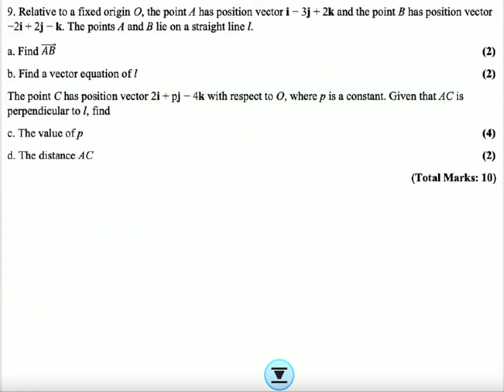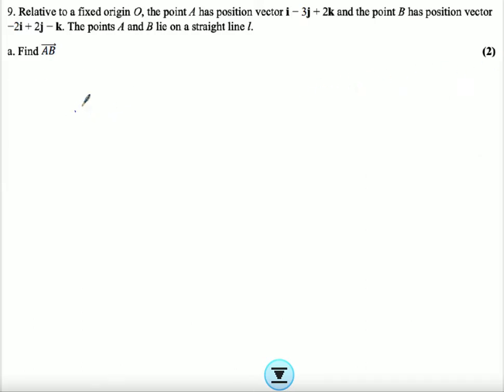Okay, we've got a vectors question. Relative to a fixed origin, we've been told what a is, and we've been told what b is. They're in 3D. We've got i, j, and k. First part should be lovely and straightforward. Find AB. So let's do that. So remember, a is OA and b is OB. So AB is going to be the position vector of b, subtract the position vector of a.